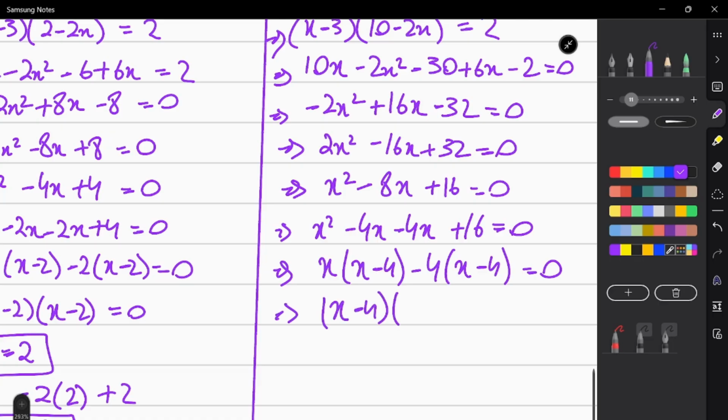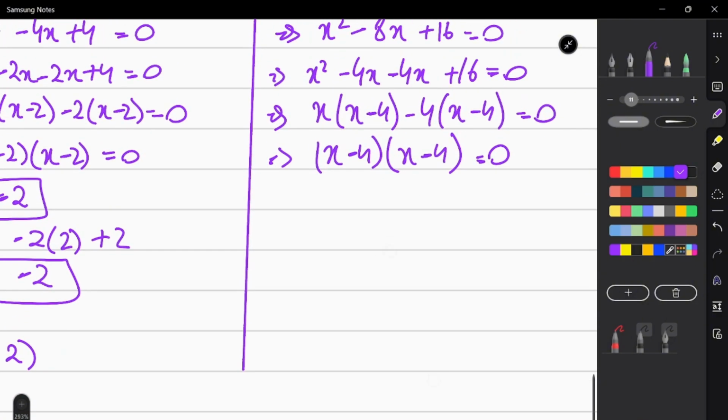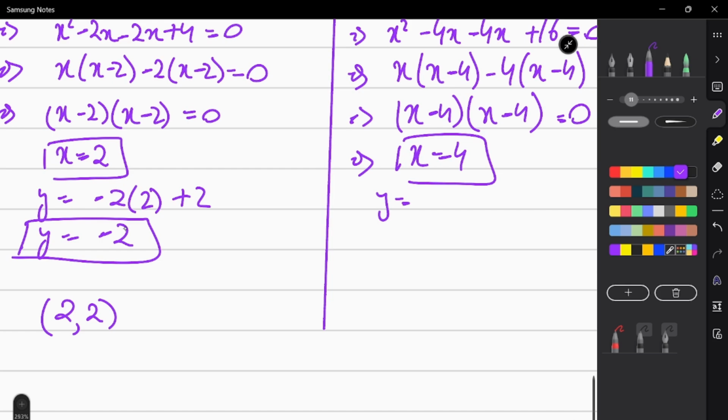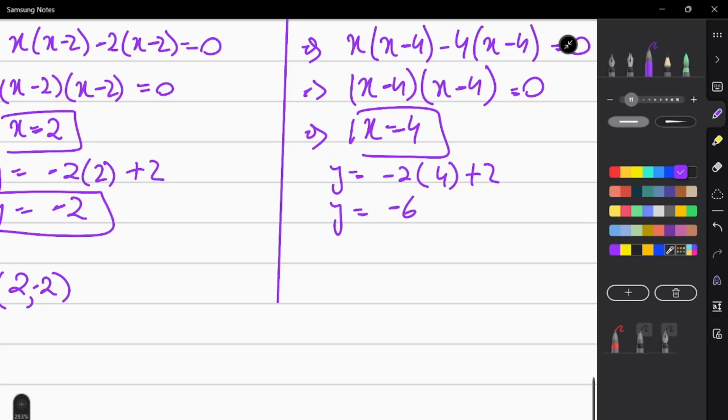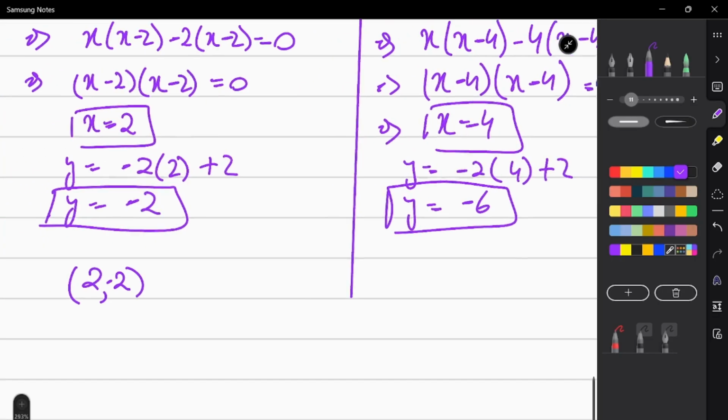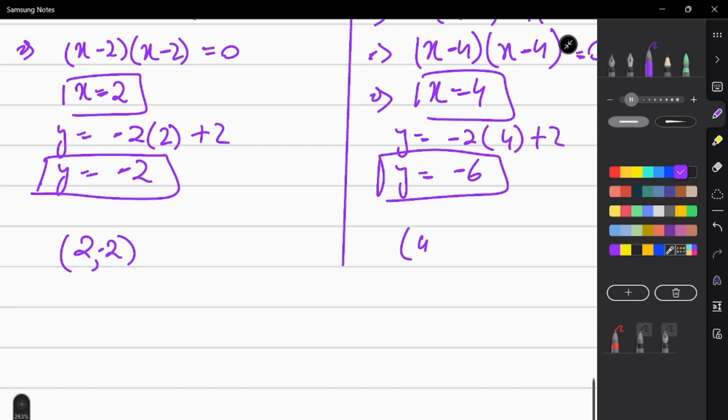Two equal real roots. X is equal to 4, and putting this in this equation, minus 8 plus 2 is minus 6, and this is going to be our coordinate.